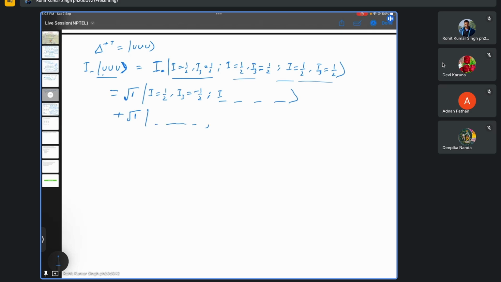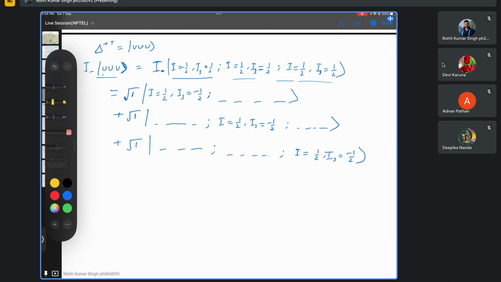So the first will be unaffected, then second will be I equal to half, I3 equal to minus half, third will be unaffected, plus these two will be unaffected. Okay, so this is how you do this calculation.